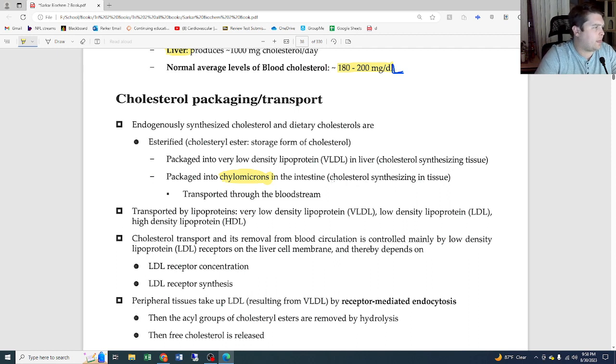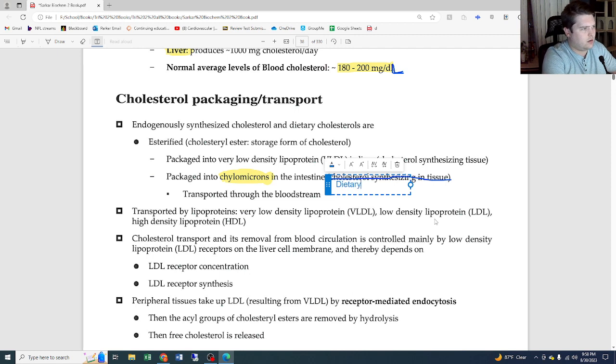Although typically, I think this might be a typo. This is more referring to the dietary cholesterol within the intestine, when we're looking at the dietary cholesterol being absorbed within the intestines. And those get packed into chylomicrons and then transported through the bloodstream.